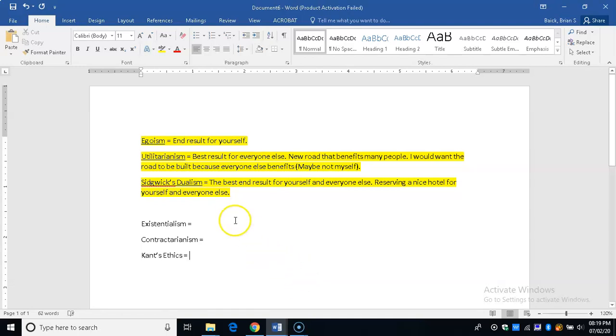So when you read the chapter, you'll see that the chapter talks about these different approaches to ethics, and it explains it in a little bit of a different way. So the way that I'm explaining it is more of, I think, a structured approach. So you can use my explanation and the book's explanation to complement each other to help you understand these different ideas.